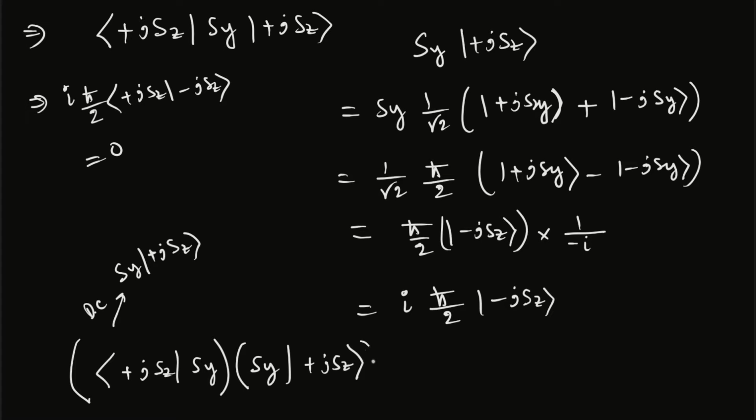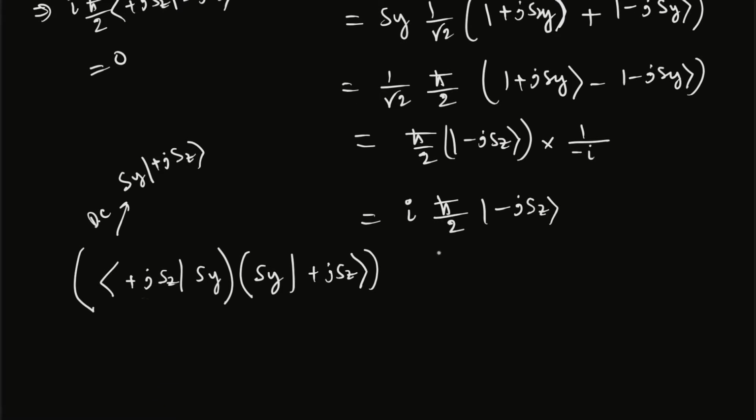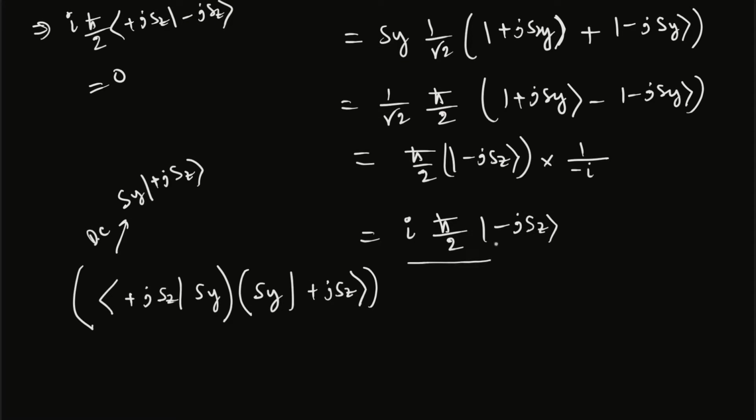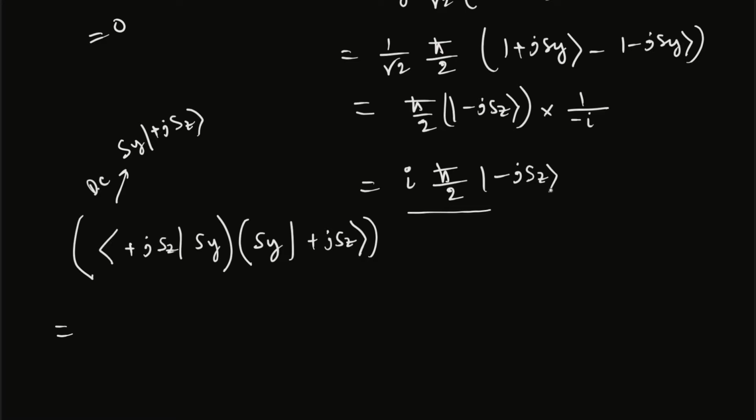The dual correspondence of this will take the complex conjugate of the imaginary part, and the bra of this, so that will be minus ⟨−z|, and imaginary part means minus iħ/2, and this will give ⟨−z| and iħ/2.